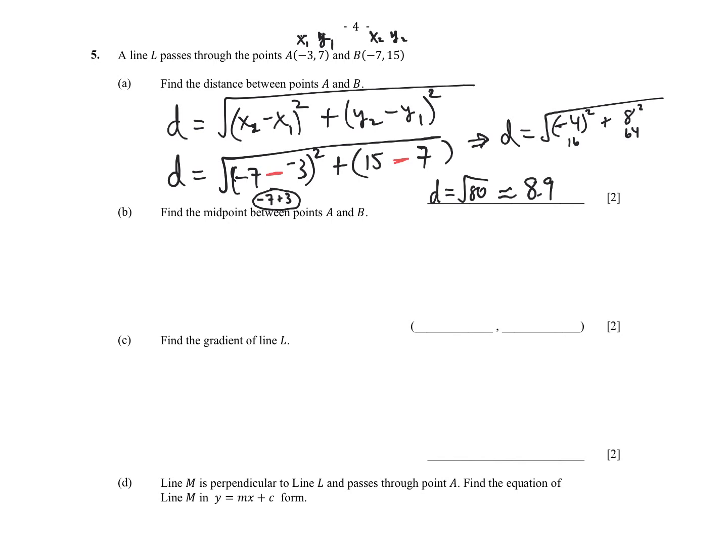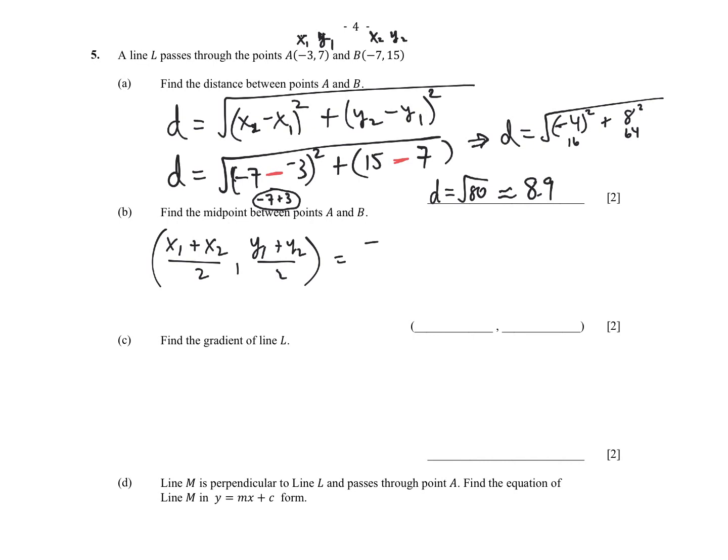All right. The midpoint between points A and B in question B. Well, midpoint is just the two x values added together and divided by 2, right? It's the average of your x values and the average of your y values. Again, it's helpful if we have x1, y1, x2, y2 labeled.